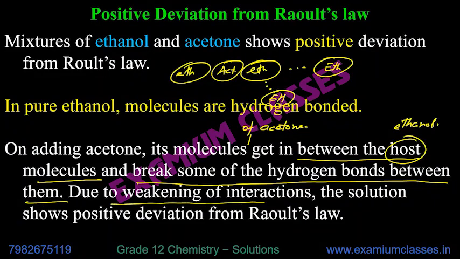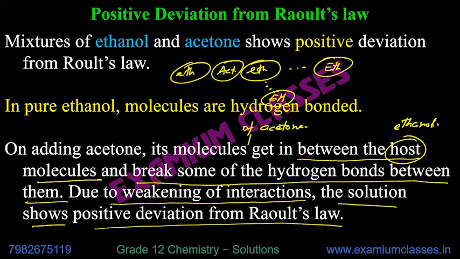So due to weakening of interactions, the solution shows positive deviation from Raoult's law. Now the molecules of acetone and ethanol are not bonded as strongly as ethanol molecules were bonded earlier. Acetone itself has no hydrogen bonding, but it decreased the force of attraction between acetone and ethanol, and ethanol and ethanol also.